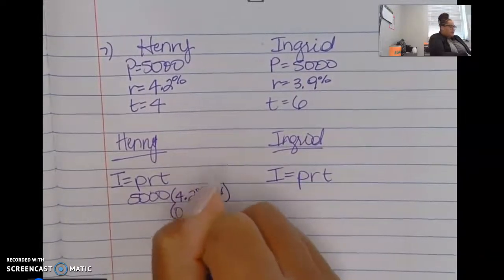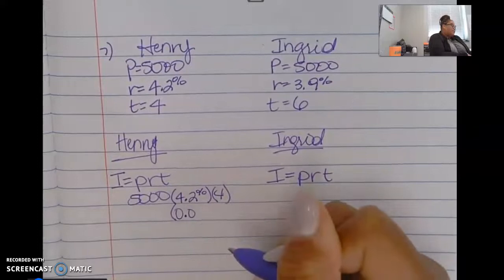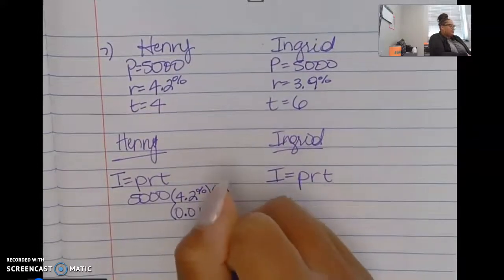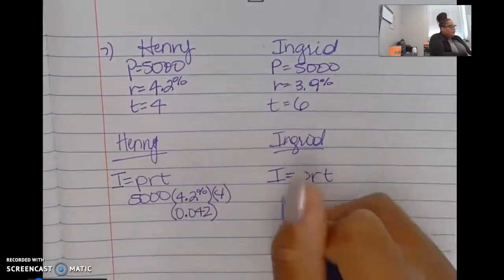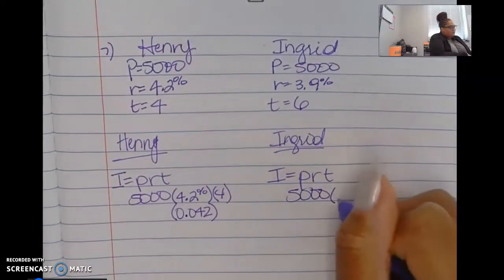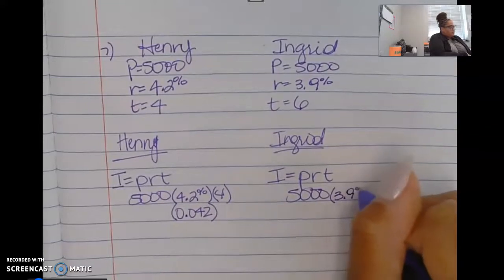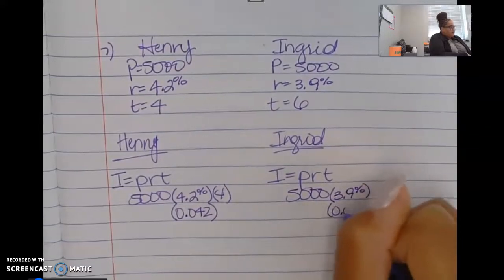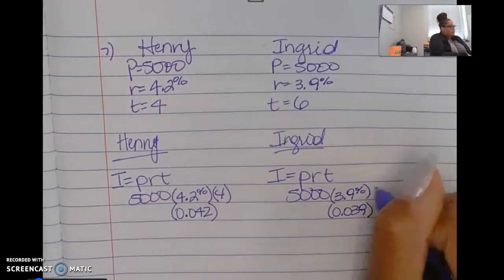Thank you for telling me it as a decimal, 0.042. And then Ingrid's is 5,000 times 3.9%, or 0.039, times 6.